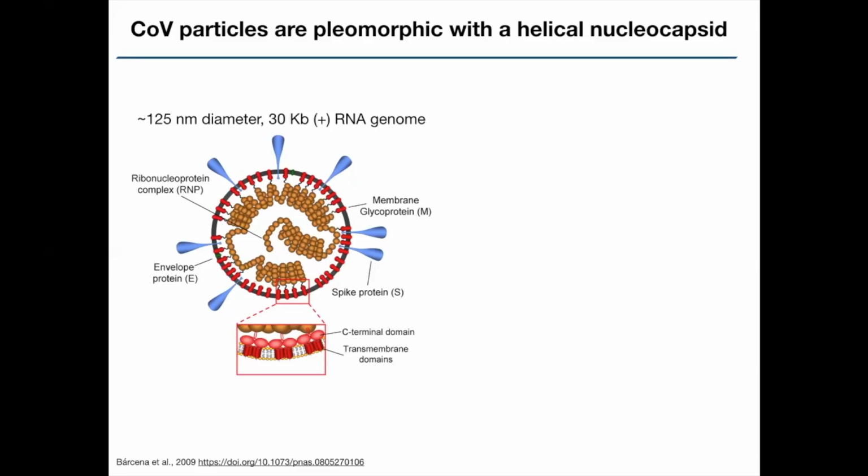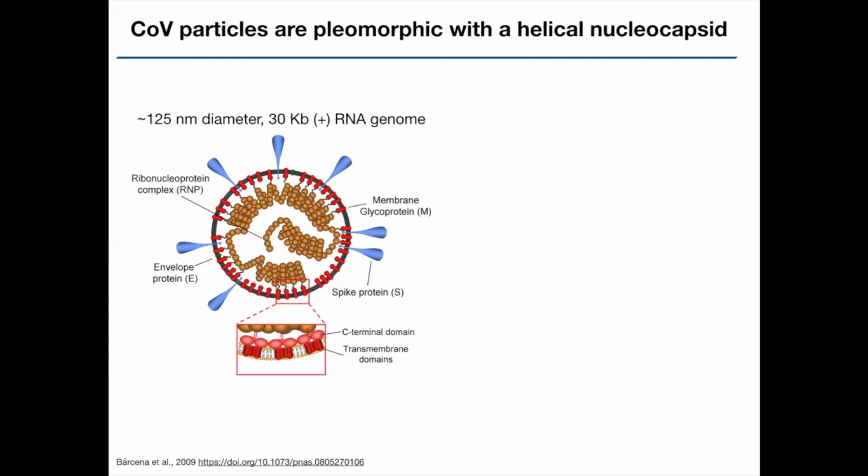That genome is coated with a protein called a nucleocapsid protein that forms sort of this helical nucleocapsid. That nucleocapsid protected genome basically is encased in a lipid envelope that is derived from the host cell. Many viruses have a lipid envelope. In all cases, those lipids are taken from the host.